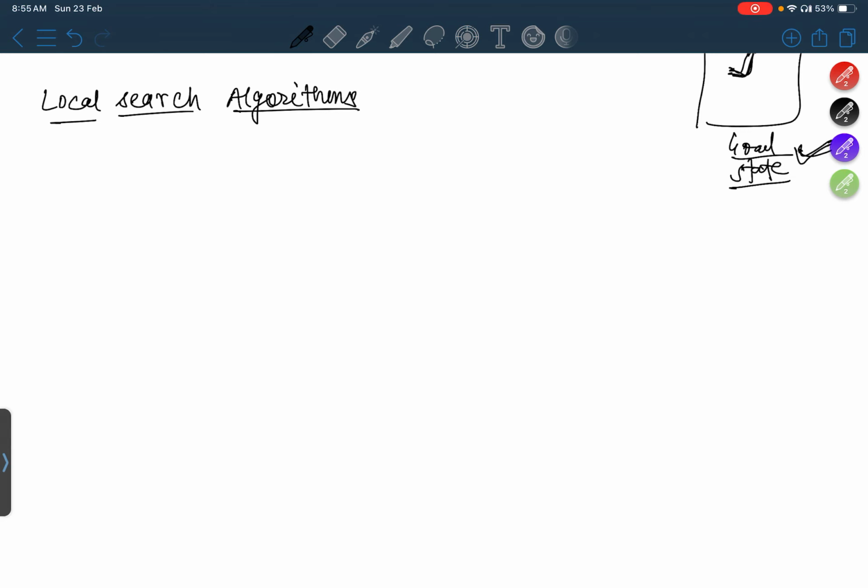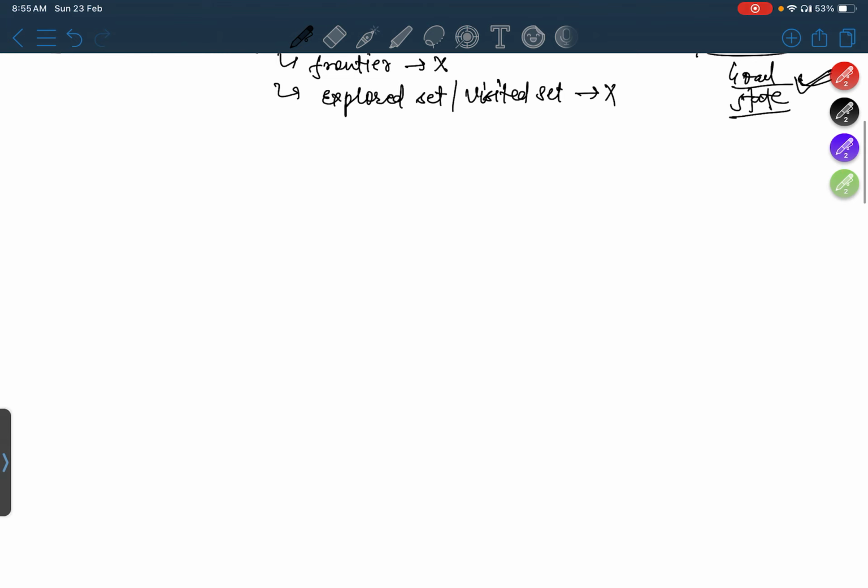They don't maintain any kind of frontier. We are not maintaining any frontier, and we are not maintaining any explored set or visited set. This is also not maintained by the local search algorithm.